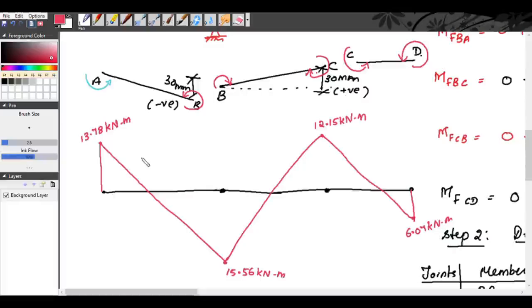So what is the meaning of that? See, here you have the negative bending moments. This portion you have negative and here you have positive. Half of the portion you have negative and half of the portion you have positive. Then up to this you have positive.